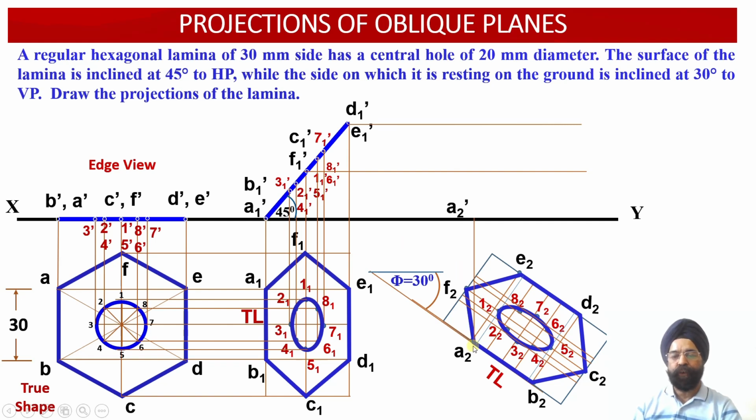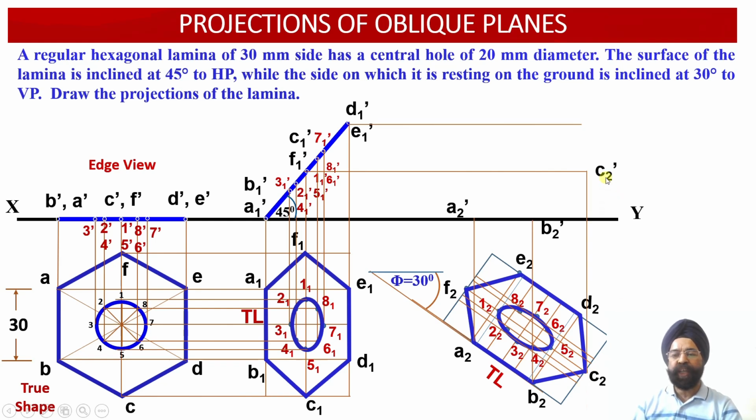Now we can check: from A2, we draw a vertical projector. From A1 dash, we have drawn a horizontal projector. The intersection point provides us with the location of the point A2 dash. Similarly, from B2 in the plan, we have drawn a vertical projector upwards. From B1 dash in the elevation, we have drawn a horizontal projector line, and the intersection of these two projector lines has provided us with the location of the point B2 dash in the front view.